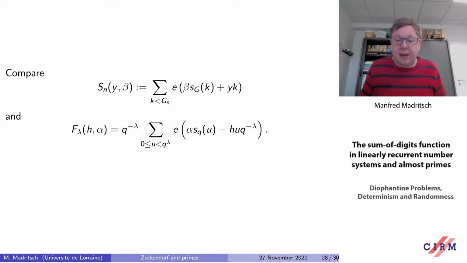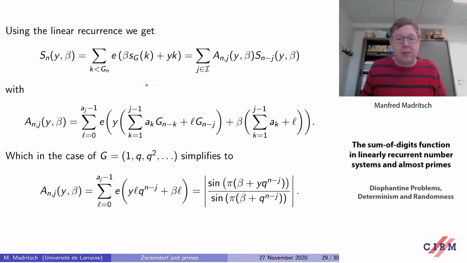But this is not so easy, and we want to first take a look at this function Sn, and recall that we have this definition, and we use the linear recurrence in order to rewrite it as a sum of a term that comes from the recurrence, and the sum which is not going up to Gn, but a smaller g, and a smaller element.